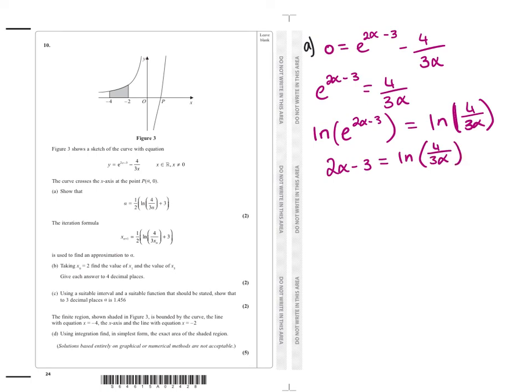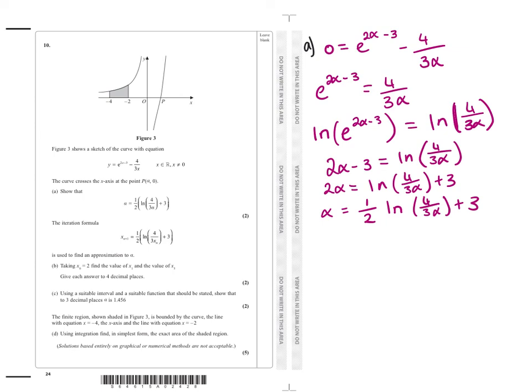Add 3 to both sides. 2 alpha equals ln of 4 over 3 alpha plus 3, and then divide by 2, which is a half ln of 4 over 3 alpha plus 3. So nice and easy, 2 marks, very simple.